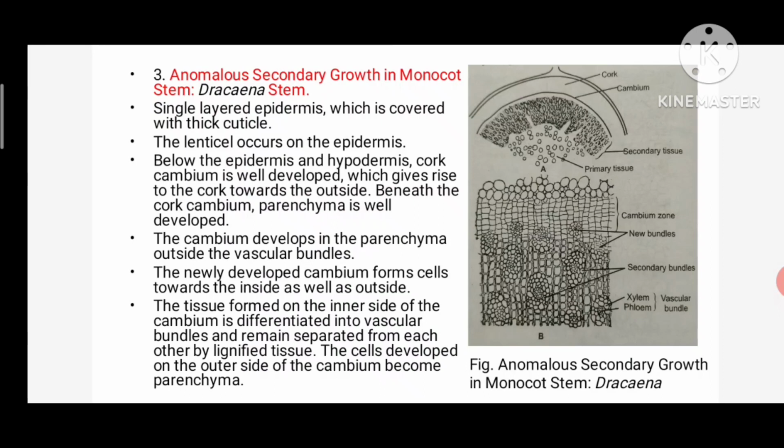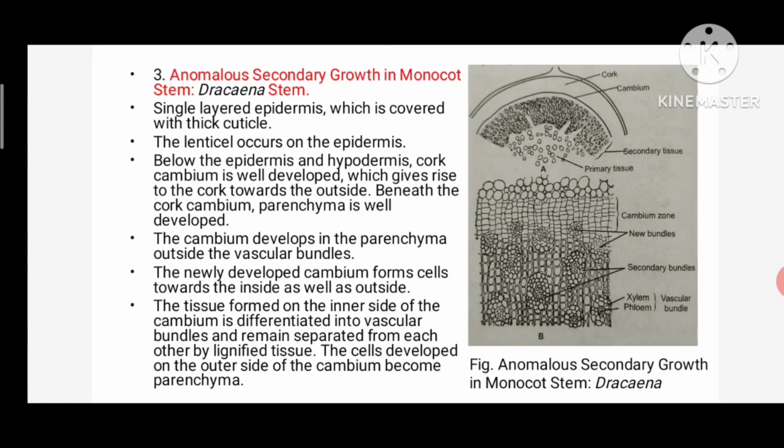Below the epidermis and hypodermis, cork cambium is well developed, which gives rise to the cork towards the outside. Beneath the cork cambium, parenchyma is well developed.